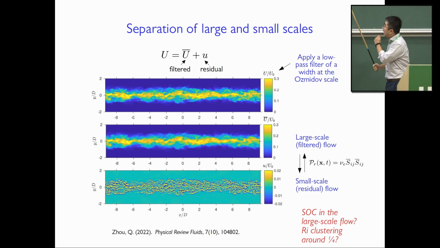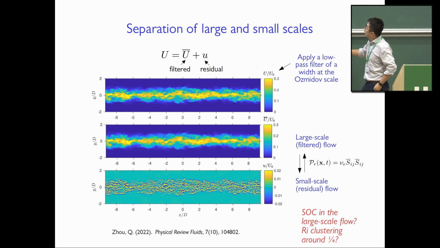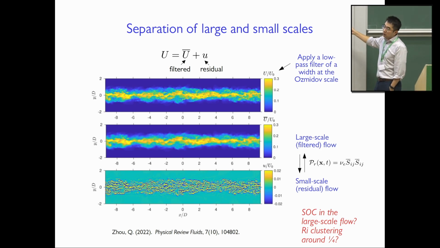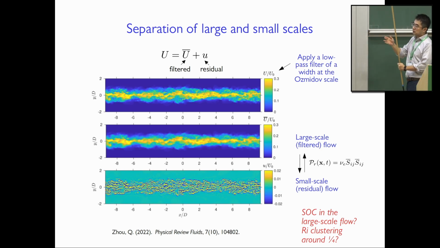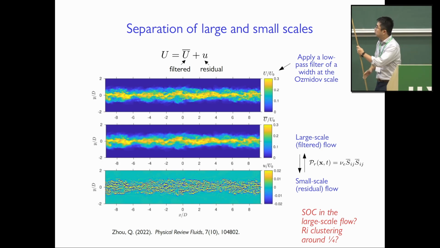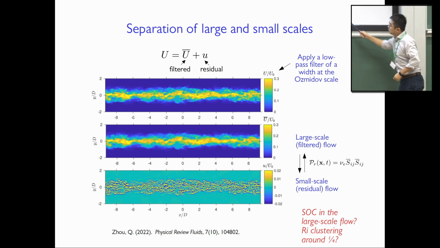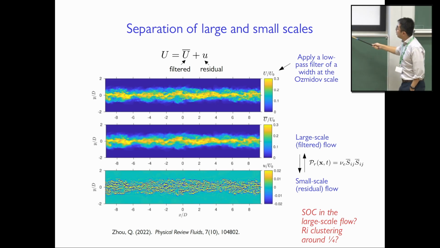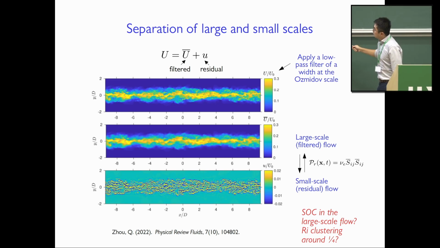To go from U to U bar, I apply the filter using the Ozmidov scale as the half-width of the filter. So I'm cutting off the flow at this scale, the cutoff between the scales that can be affected by stratification and those that cannot. What you have left in the residual is all the small scale turbulence, and we're interested in quantifying the energy transfer rate and also the effective viscosity.